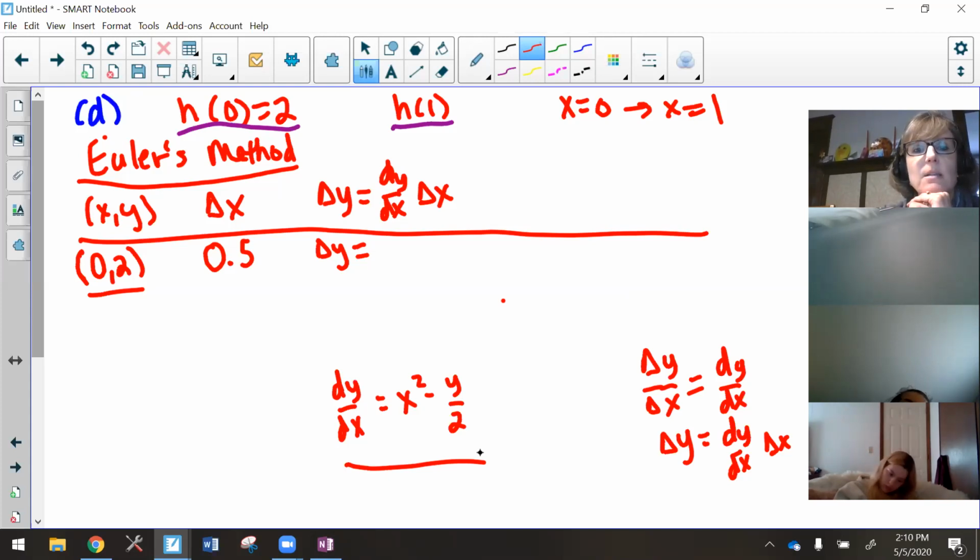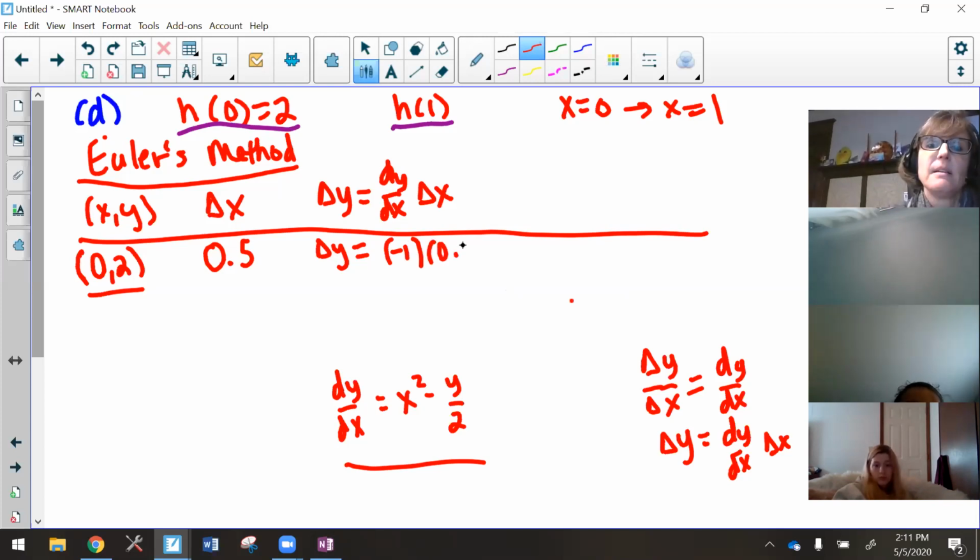There's only x's and y's. So what's x equal to? 0. Yeah, and what's y equal to? 2. Right, so this is going to give me -1, right? Mm-hmm. And I'm going to multiply that by my 0.5. So my delta y is going to be -0.5.